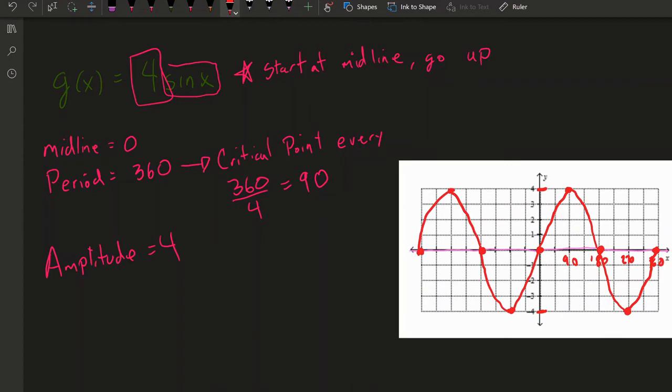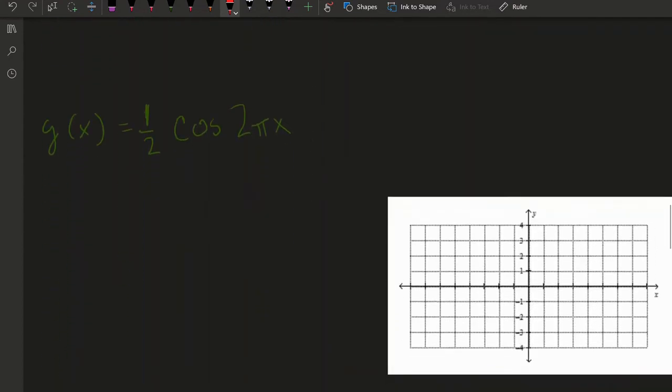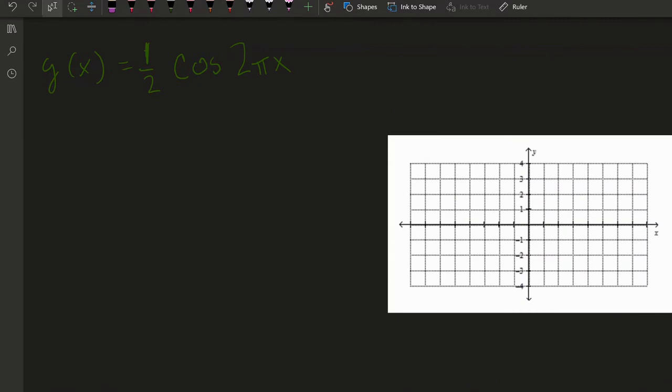All right, let's try a harder one. Okay, so first thing, I see this is a cosine. So cosine means start at the max and then go down. There's no h or k, so that means my midline is still 0.